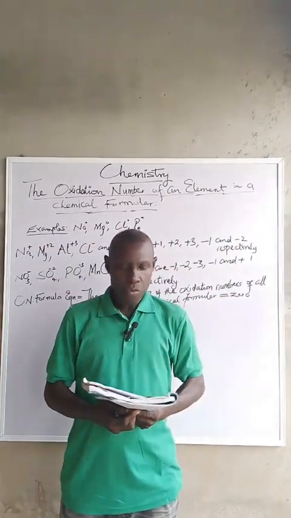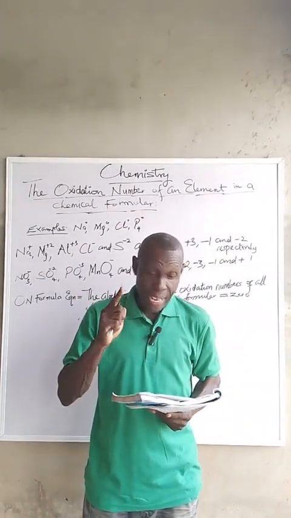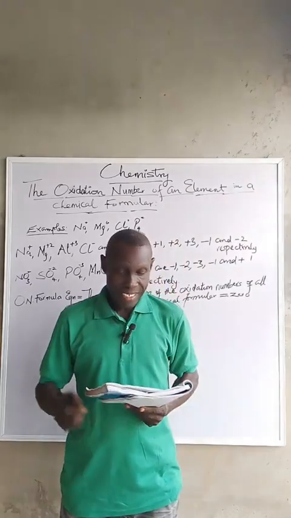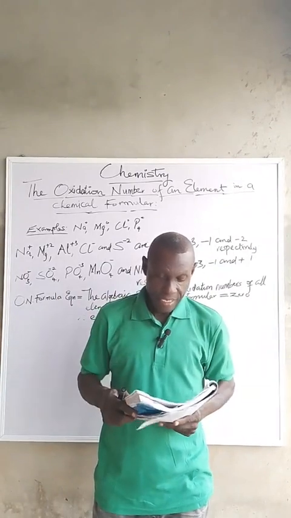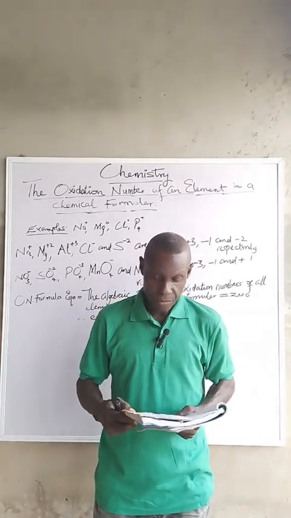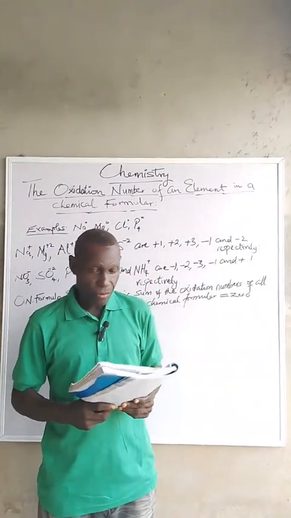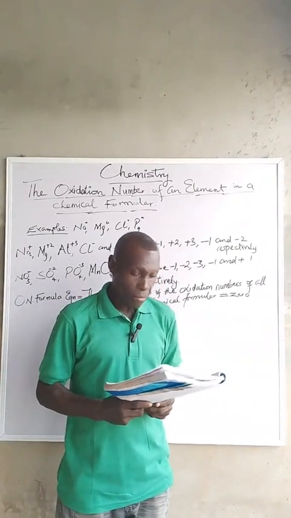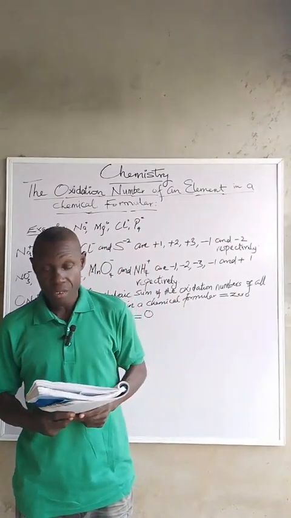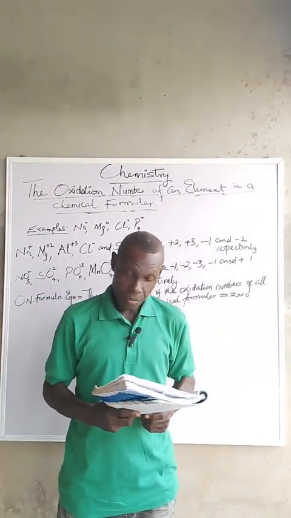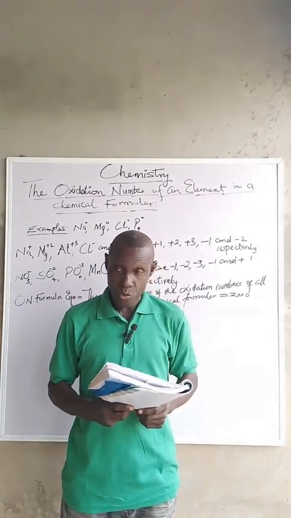Number 2 arbitrary rule is that the oxidation number of a single element has the same size and sign as the charge of the ion. For example, the oxidation number of sodium, magnesium, aluminium, chlorine, and sulfur are +1, +2, +3, -1, and -2 respectively.